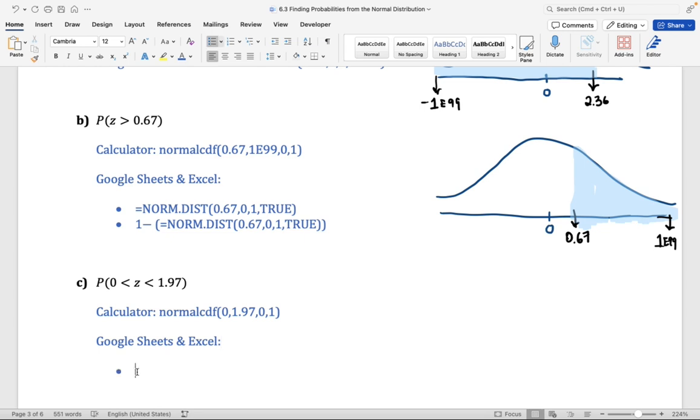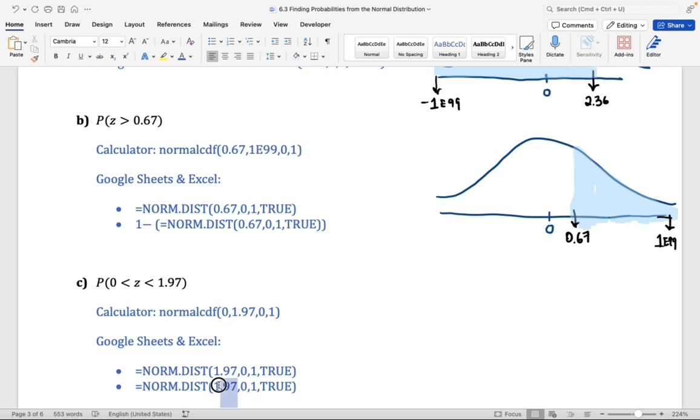If you're using Google Sheets and Excel, we're going to have a few steps. We're first going to find the area to the left of 1.97. We're going to use the function norm.dist. We're going to type in 1.97, that is our x value, the mean and the standard deviation, and at the end we type in true. This is going to give us the area to the left of 1.97. We're also going to find the area to the left of 0. So let's go ahead and copy that function.